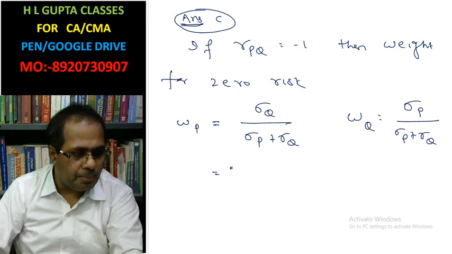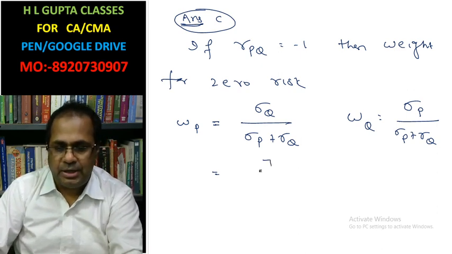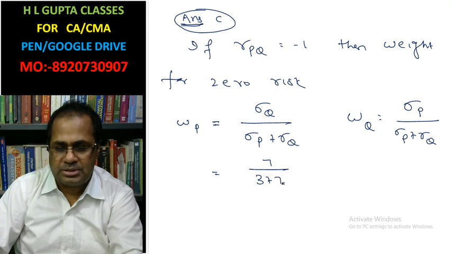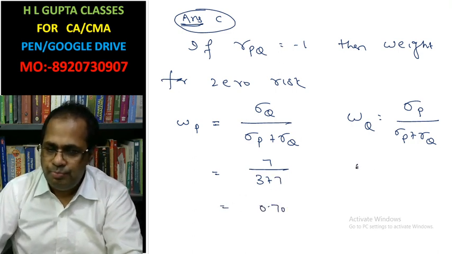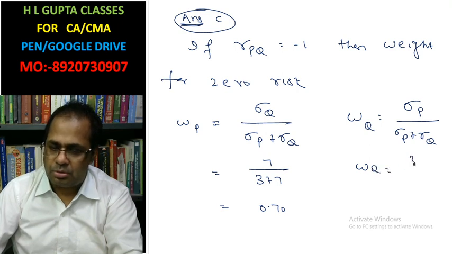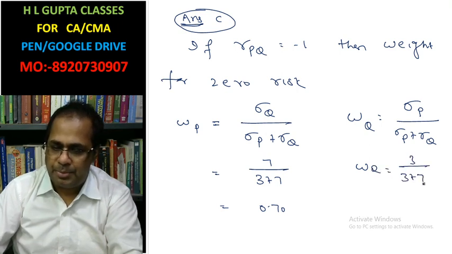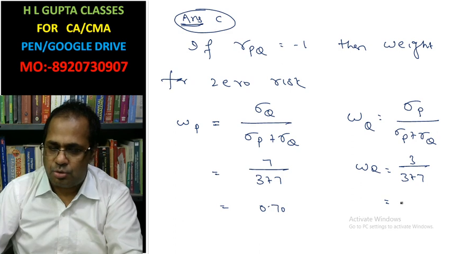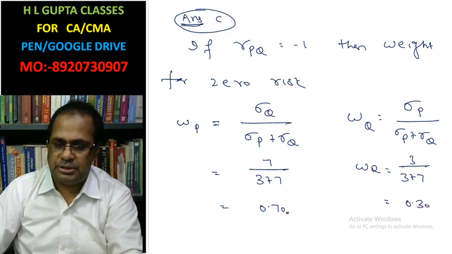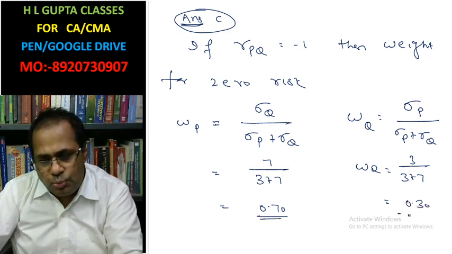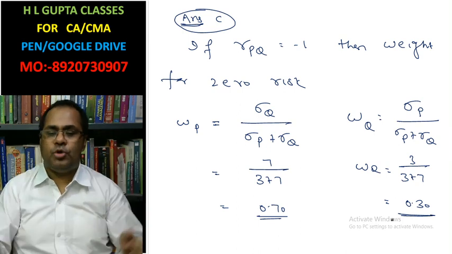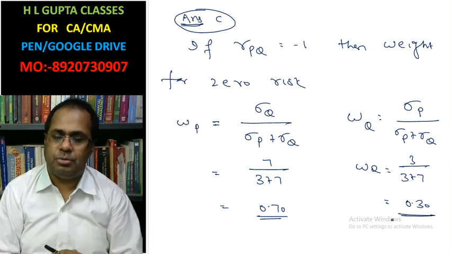Weight of P is 7 divided by 3 plus 7, which equals 0.70. Weight of Q is 3 divided by 3 plus 7, which equals 0.30. In this way, the portfolio risk will be 0.